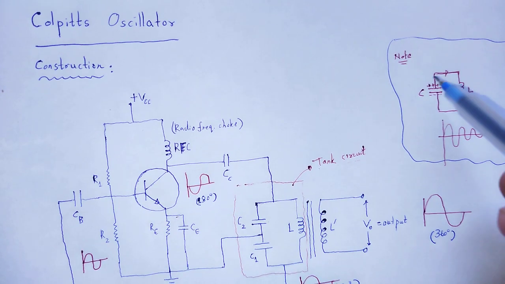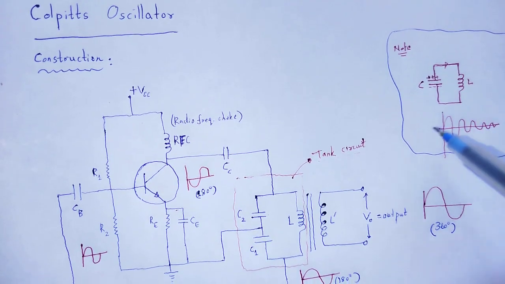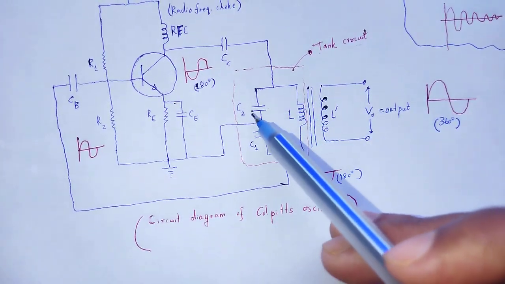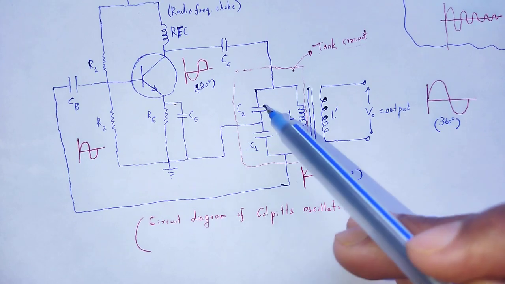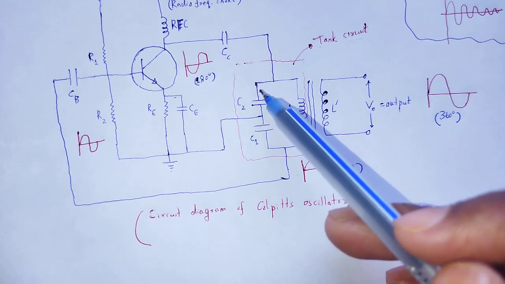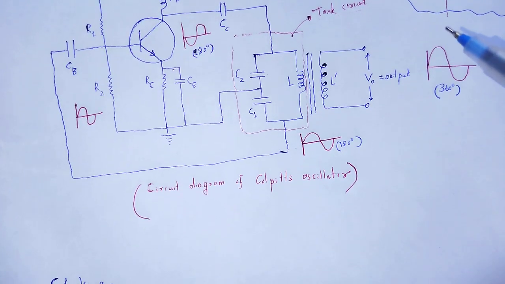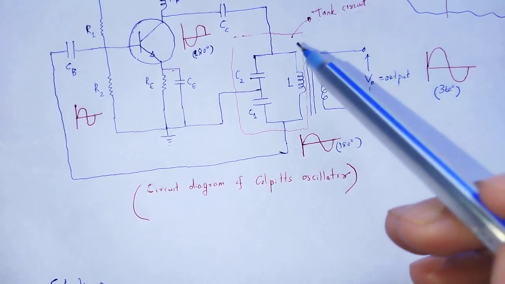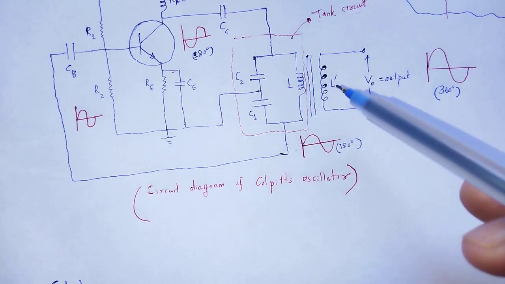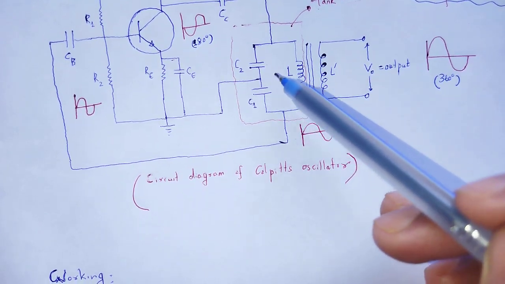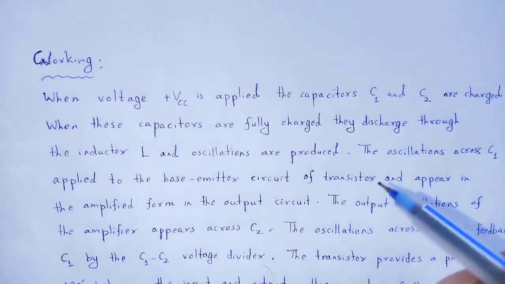As I clear it by taking a note, when the capacitors are charged, they discharge through that of inductor L and oscillations produced.